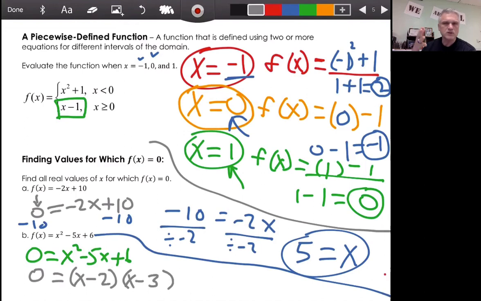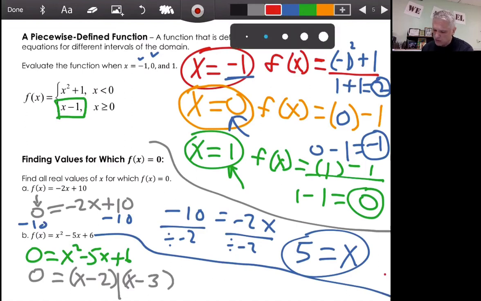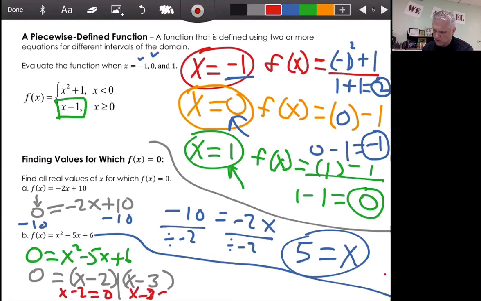Negative 2 plus negative 3 is negative 5. Sweet. All right. Now, we're going to do what we did on the previous page. We're just going to split it and solve it. So x minus 2 could be equal to 0. x minus 3 could be equal to 0. That's a 3.